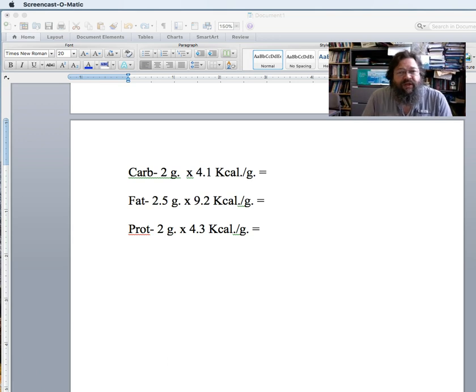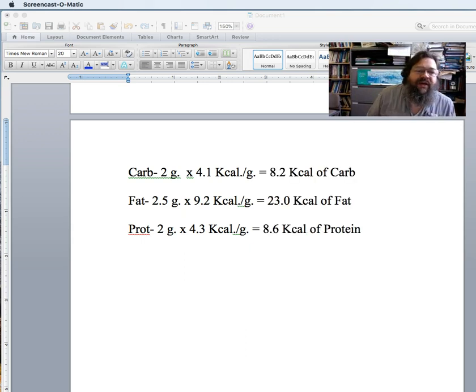So what we have to do is multiply the grams of each one by the caloric density, the number of calories per gram of each one. This is going to give us the total number of kilocalories from each component. So that will give us 8.2 kilocalories of carbohydrate, 23.0 kilocalories of fat, and 8.6 kilocalories of protein.